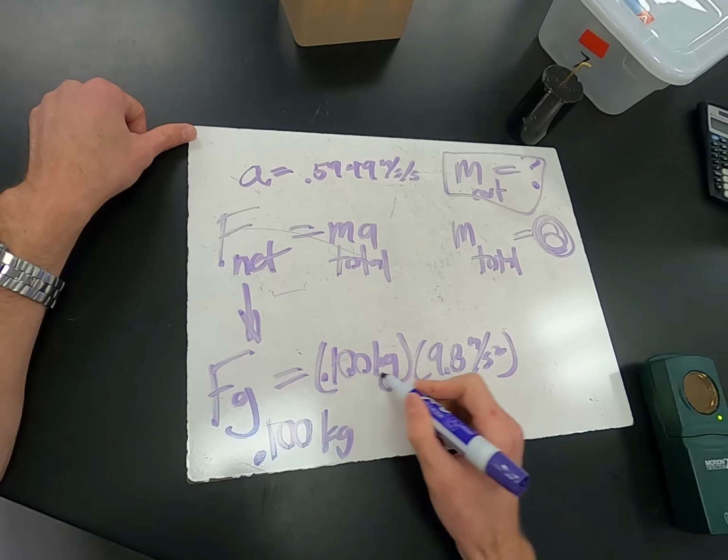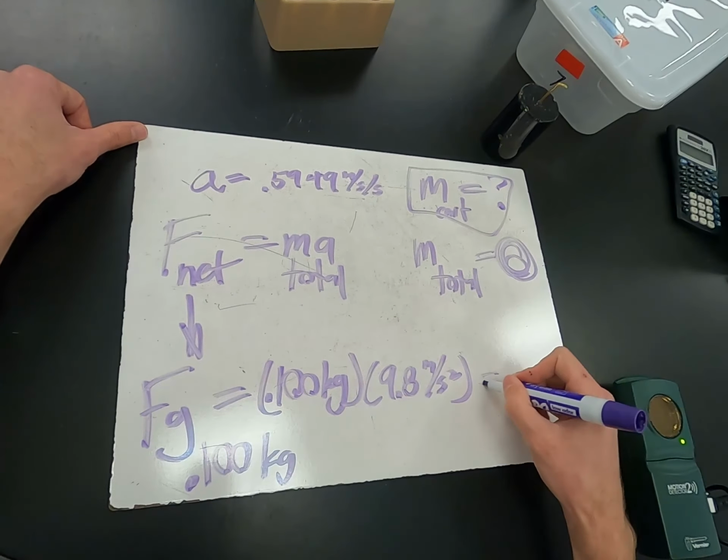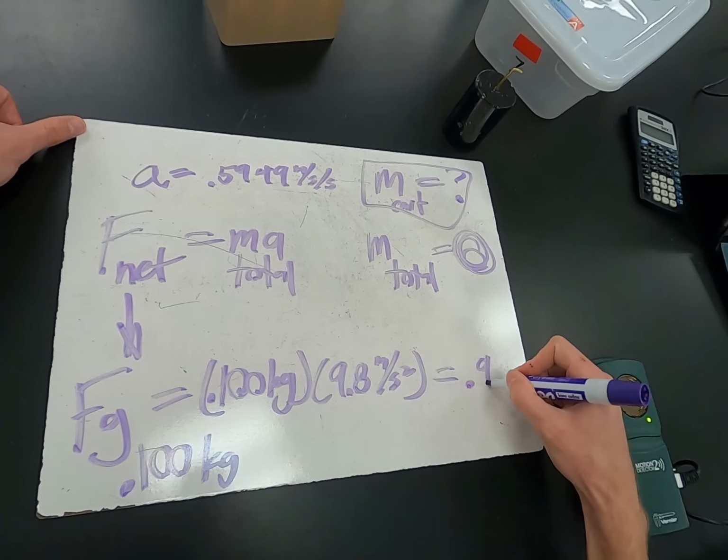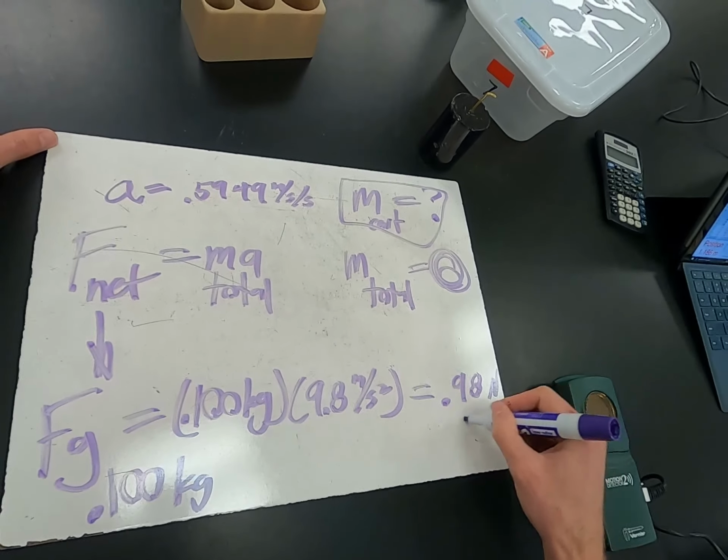Multiplying by 0.1 is the same as moving the decimal over, so our net force is 0.98 newtons.